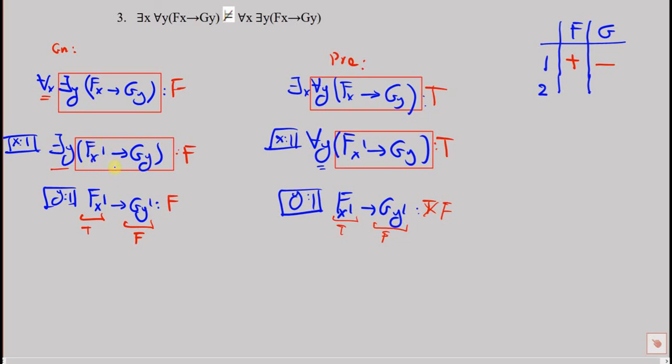So we want to make sure that this is false for every value of y, right? We know that it is false for y1, but now we have y2 as well. So we need to make sure that it is also false for y2. So we get fx1 arrow gy2, and we need to make sure that that is false.